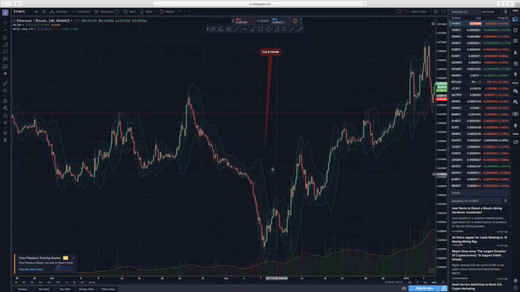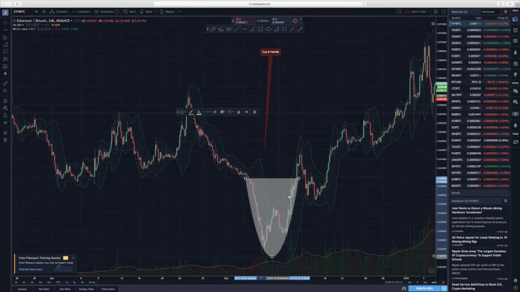All right, we have another cup and handle formation right here. And as you can see, they're not always perfect. It's never gonna be perfect because we're just dealing with price formations. So you got the rounding bottom coming in here, and instead of coming from an upward trend, now it's coming in from a downward trend, but you still have that same rounding bottom formation.